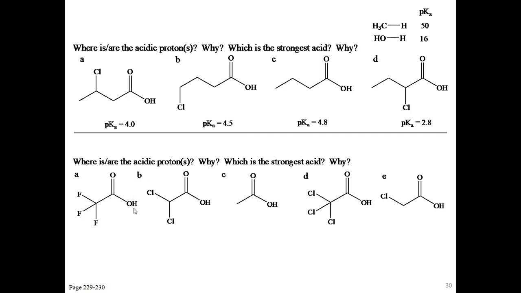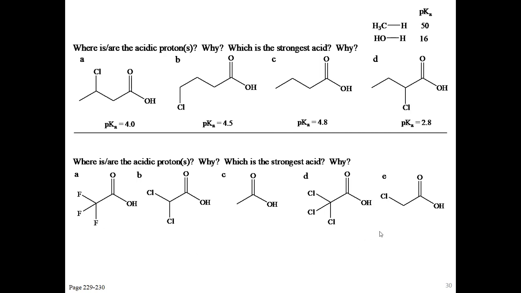And again, as before, we're thinking the OH should be the most acidic. If I look at all these, they all have halogens except C. C is ethanoic acid, or commonly called acetic acid. Here's our reference point. Any halogens I put on here should pull electron density towards themselves and help stabilize the minus charge. So if I look at the difference, I have 1 chlorine here, I have 2 chlorines here, I have 3 chlorines here, and I have 3 fluorines here.